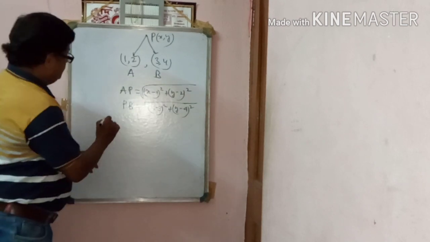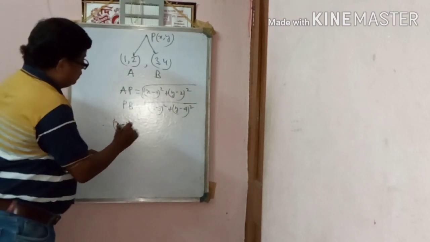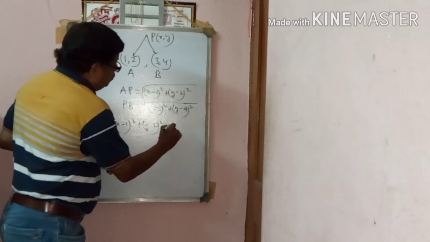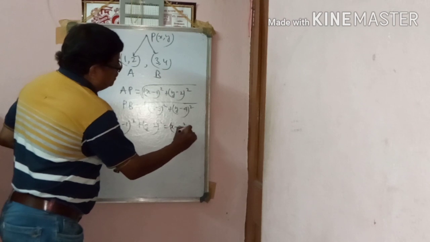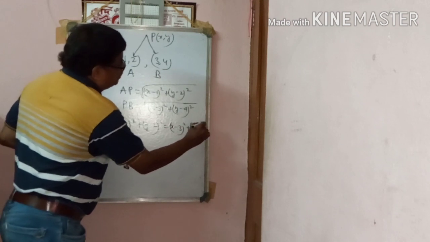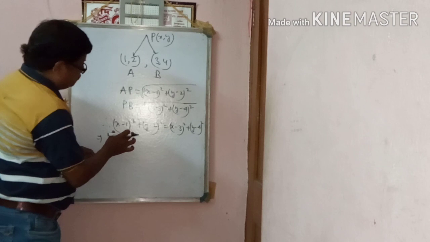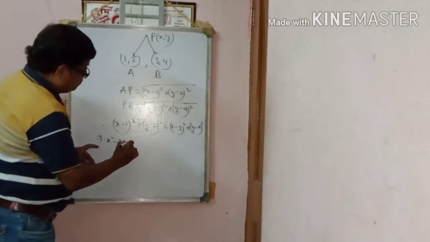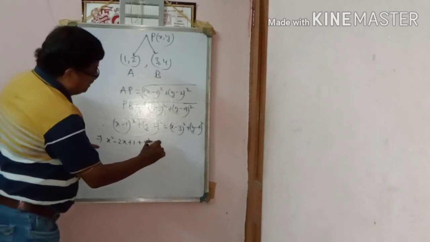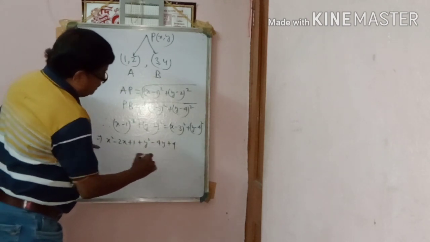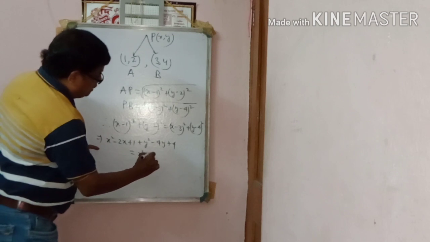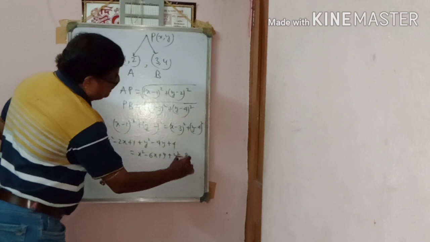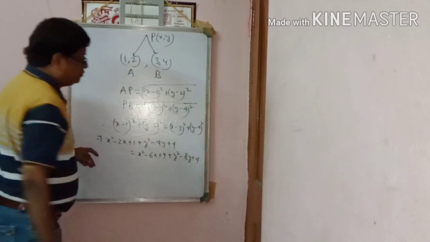So you can write here x minus 1 whole square plus y minus 2 whole square equal to x minus 3 whole square plus y minus 4 whole square. So here x square minus 2x plus 1, y square minus 4y plus 4 equal to x square minus 6x plus 9 plus y square minus 8y plus 16.